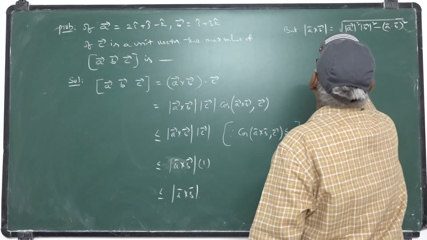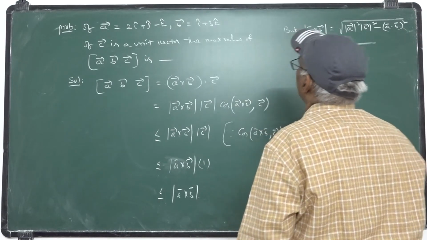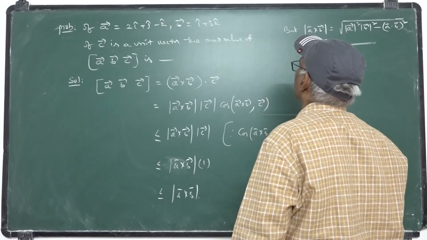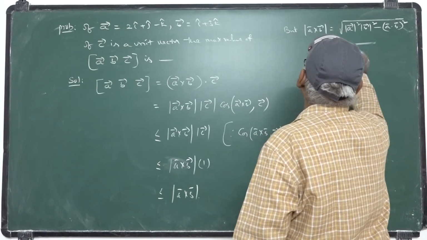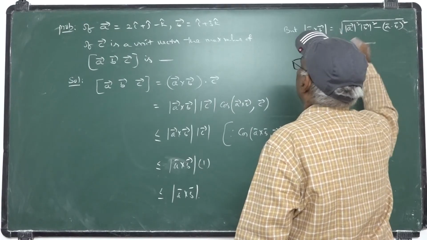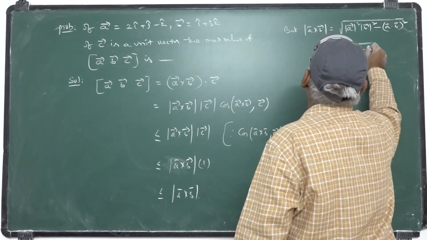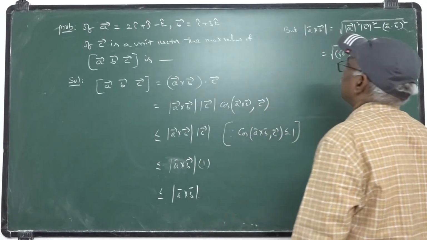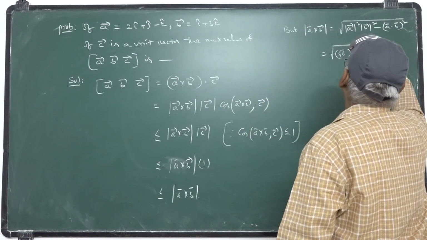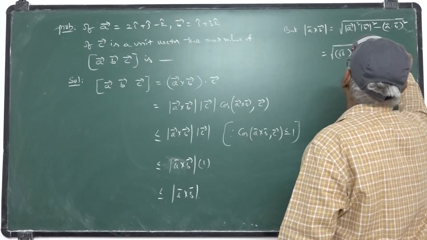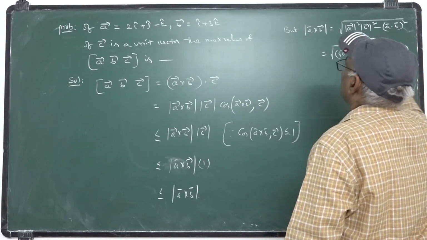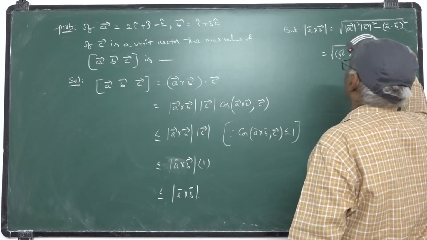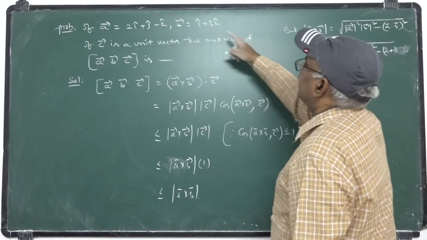That is square root of mod A bar square, 4 plus 1 plus 1, which is root 6 whole square, into mod B bar, root 10 whole square, minus A dot B. The dot product of A and B is 2 into 1, that is 2, plus 0, there is no j term.